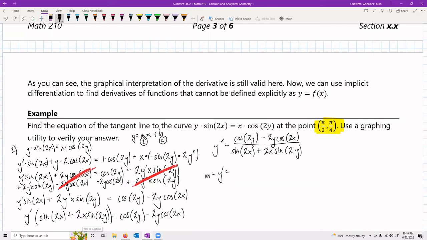So okay, let's go ahead and find m now. Finally, cosine of 2y, so 2 times my y, pi over 4, minus 2y, and my y is pi over 4 here, right?